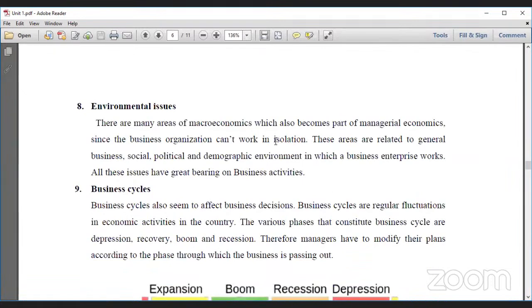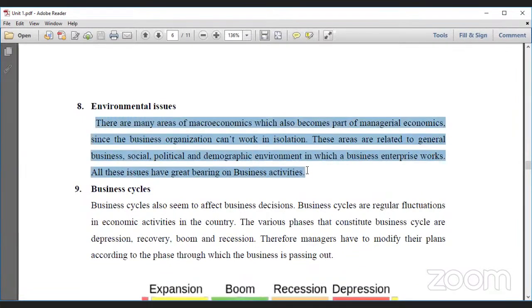Then the environmental issues. Many times the producers have to think about environmental issues because of the external cost borne by the society. When the firm produces, it emits smoke. It will create health hazards.